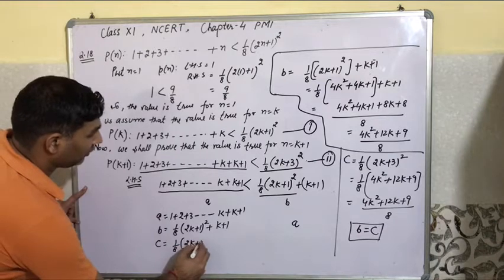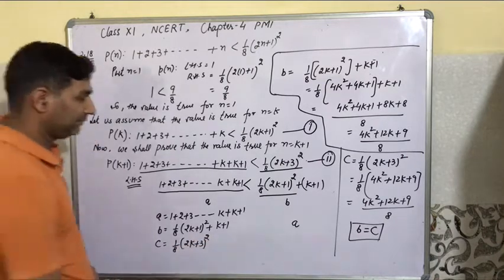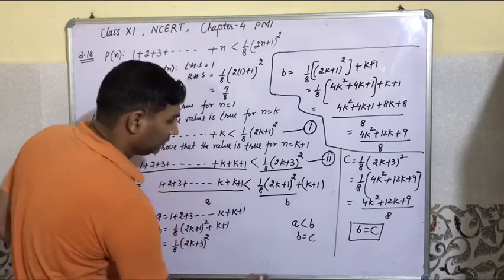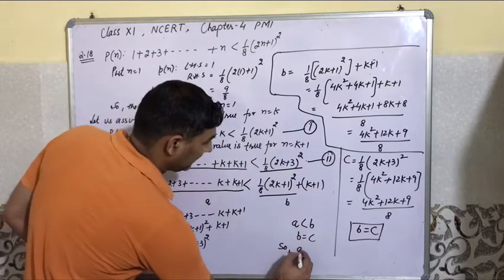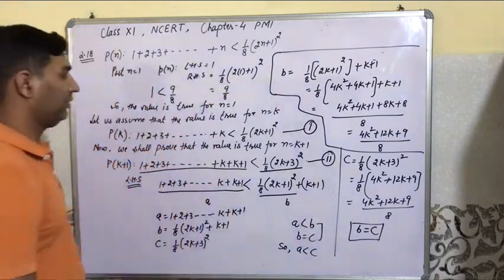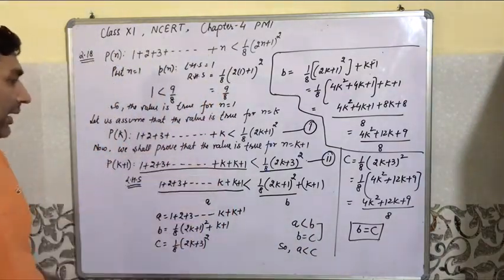And we know that a is less than b and b is equal to c, so we can say that a is less than c, from equations 1, 2 and 3.